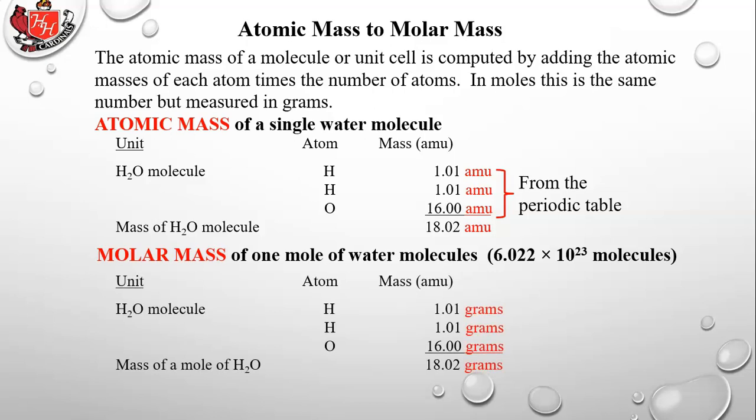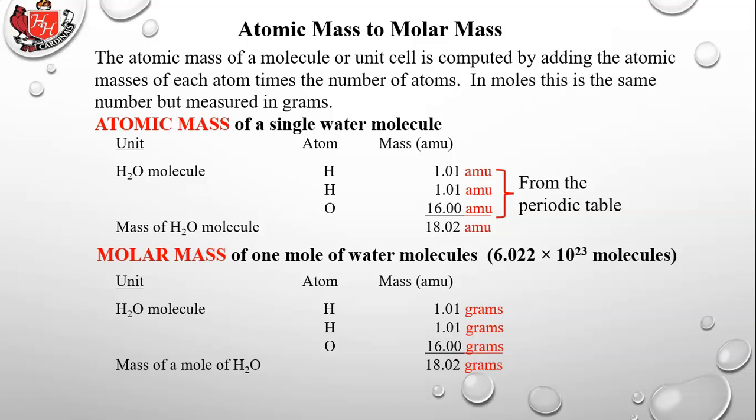The difference is, however, the unit of measure for 1 mole is grams. So we've converted the same numbers, 1.01, 16, 18.02, to those same numbers down below, except now they're measured in grams. And that's a useful unit of measure for us in the real world because we have scales that measure things in grams. So the mass of 1 mole of water is 18.02 grams.